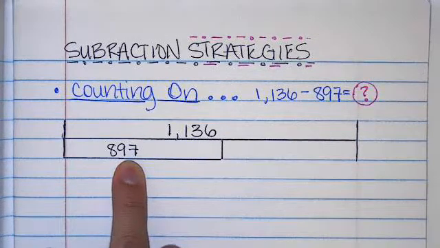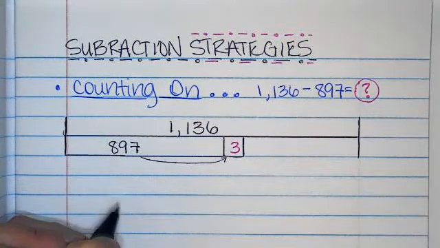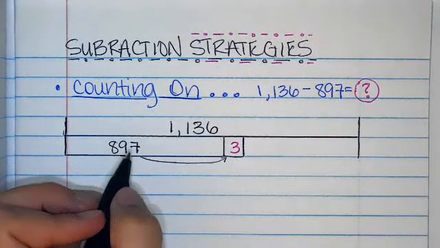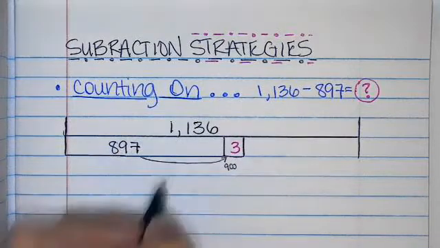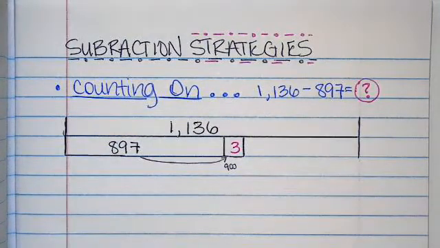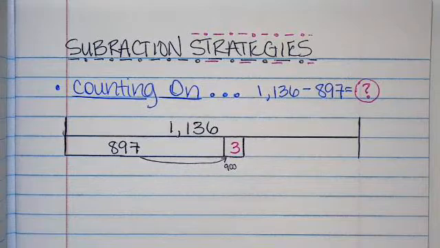So I'm going to make a little space for a 3. So now 897 plus that 3 gets us to 900. So now I can add, I'm just thinking about getting up to the next place values, jumping up higher. So I'm going to add 100. So 900 plus 100 will equal 1,000.